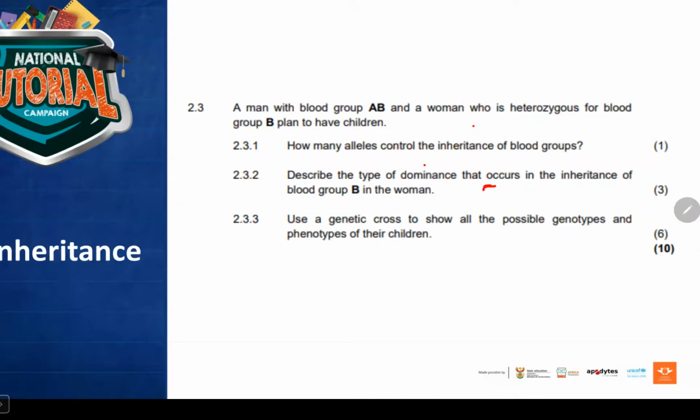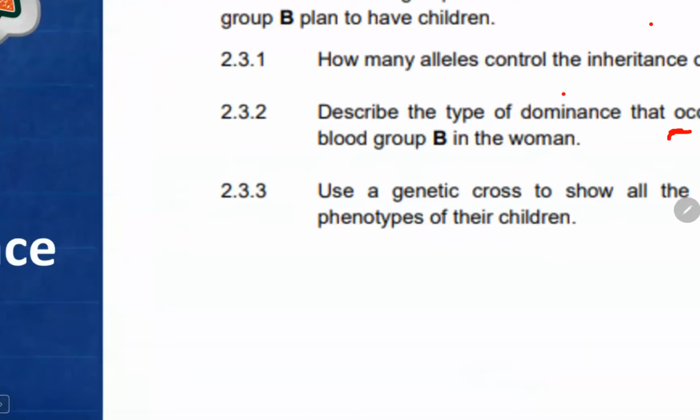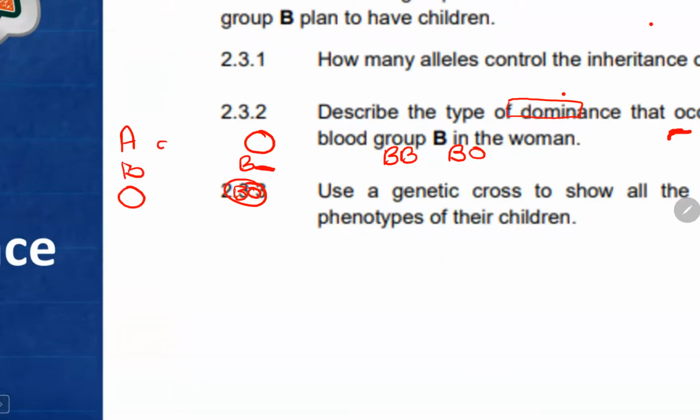And we don't write the O, we just write the B. That would mean her blood group is B, and that would mean it is complete dominance. So the type of dominance they're asking about, the answer is complete dominance. Why? Because the allele for blood group B is dominant and the allele for blood group O is recessive. So remember, from the theory that you've learned, A is dominant, B is dominant, and O is recessive.